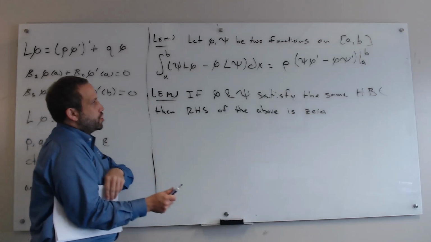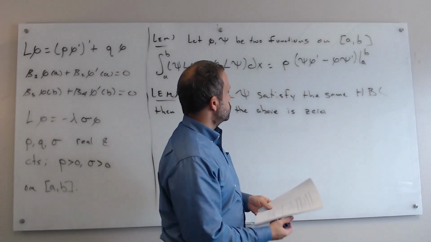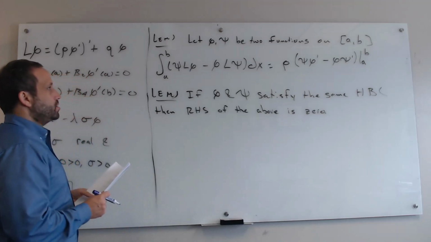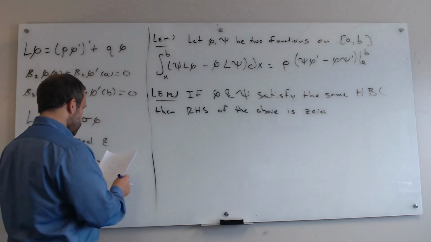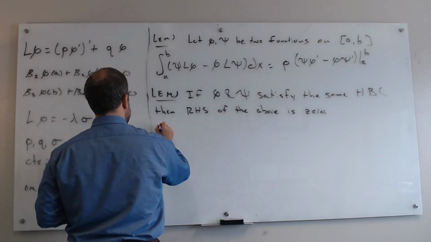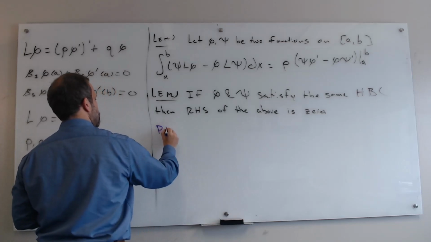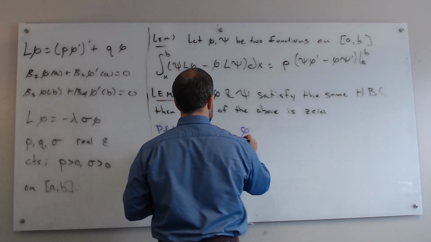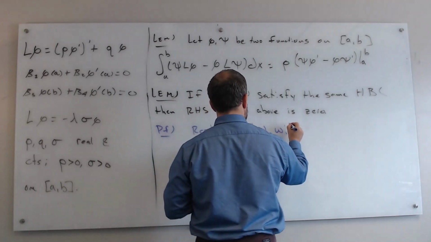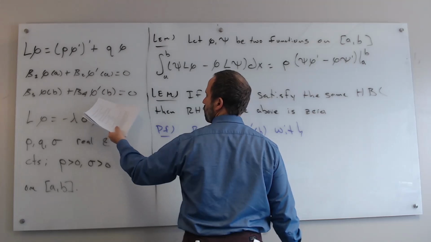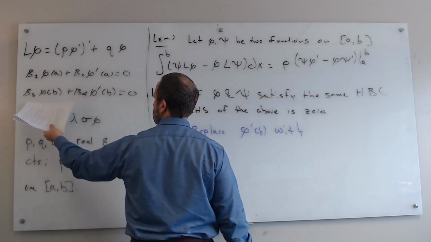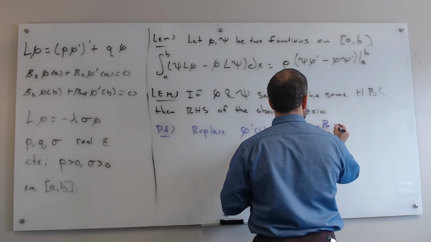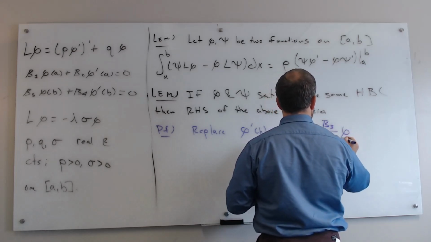And actually what we're going to show is that this is equal to 0 at A and at B. So what we're going to do then is replace, let me write this is the proof, we're going to replace phi prime of B. So if we come over here, phi prime of B is equal to minus beta 3 over beta 4 times phi of B.